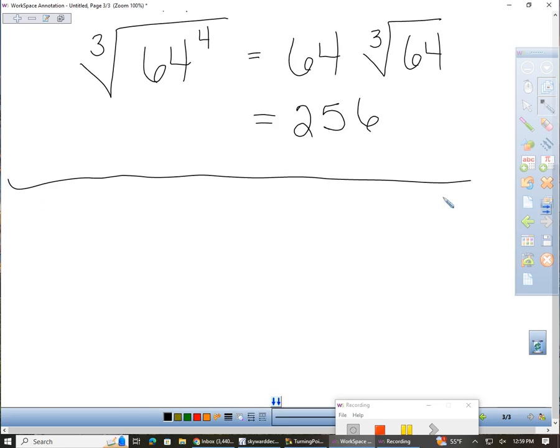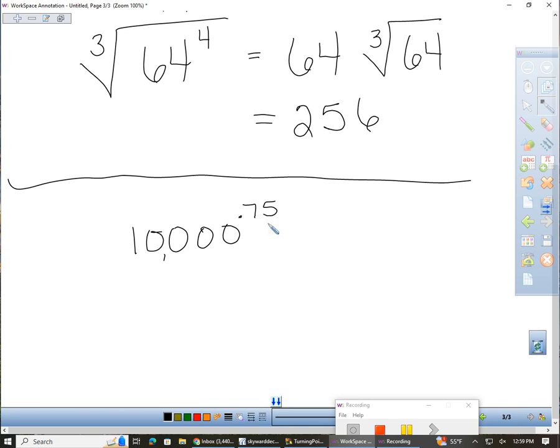So for example, what if you had 10,000 to the 0.75? Do you want to check and see if it works in your calculator first, or shall we do it by hand?